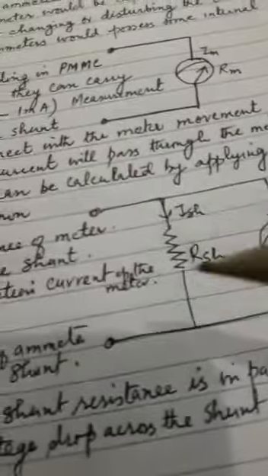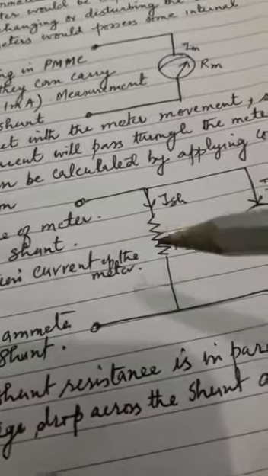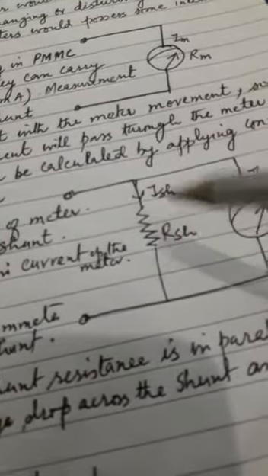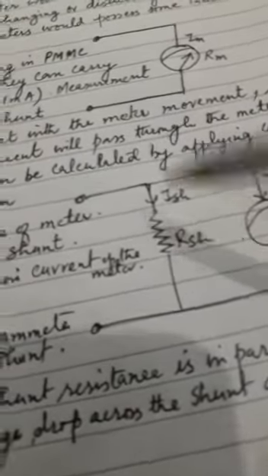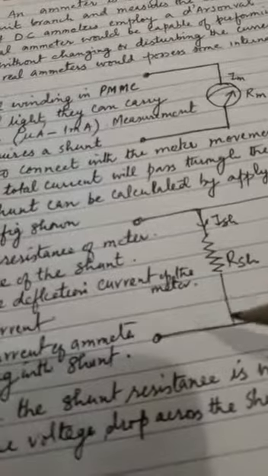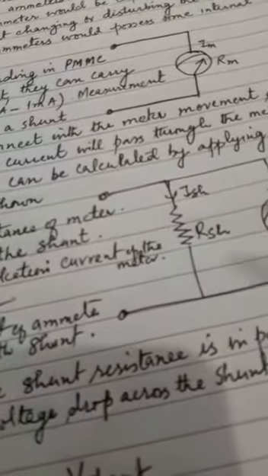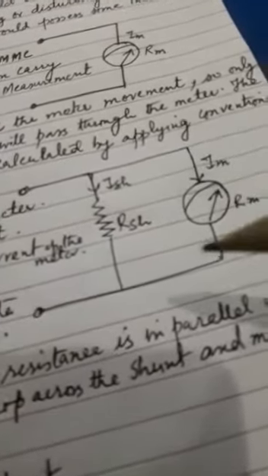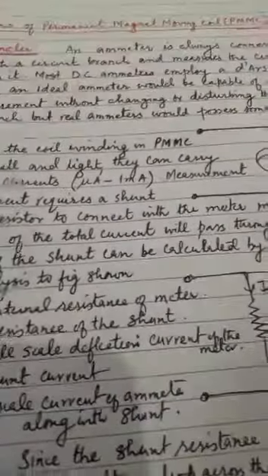So a shunt resistor is connected in parallel to calculate large currents of a circuit.